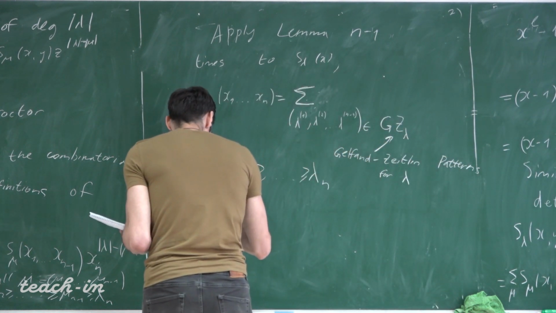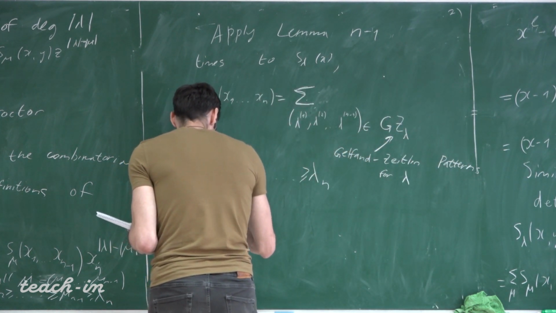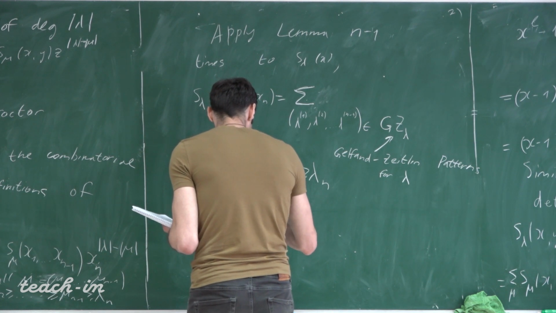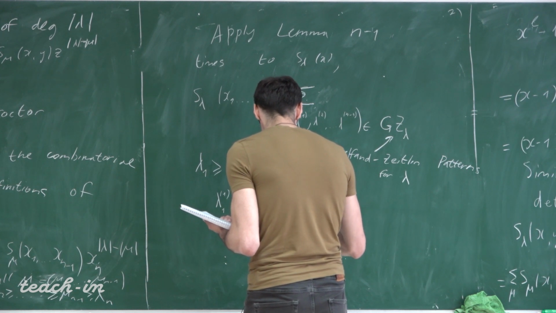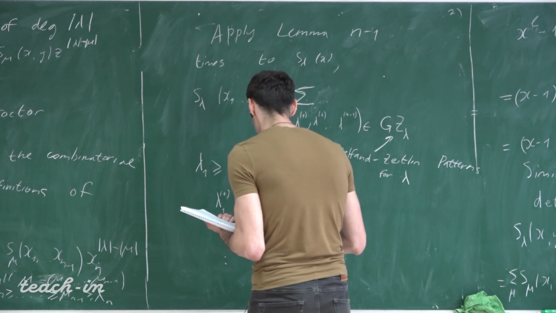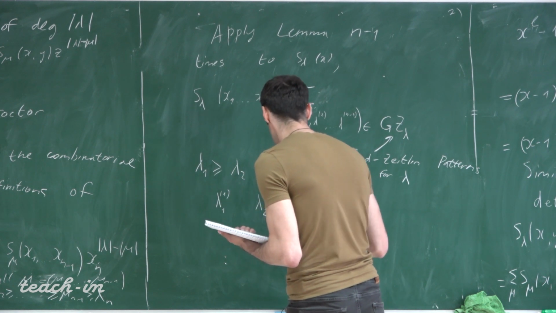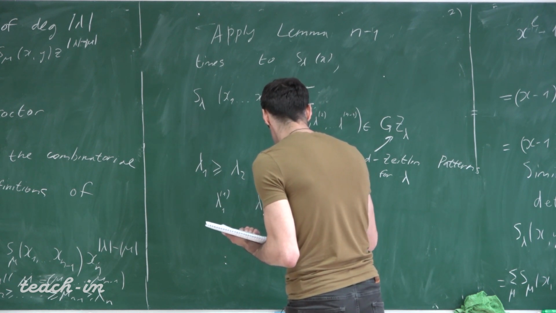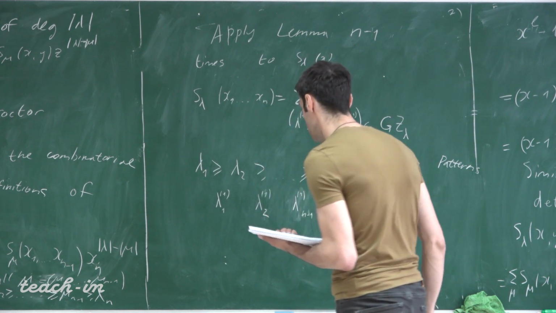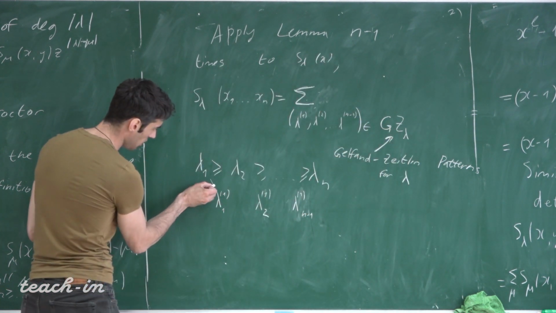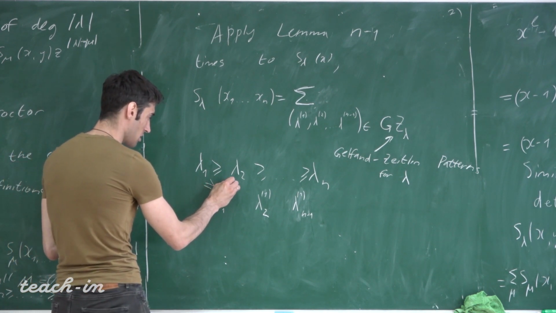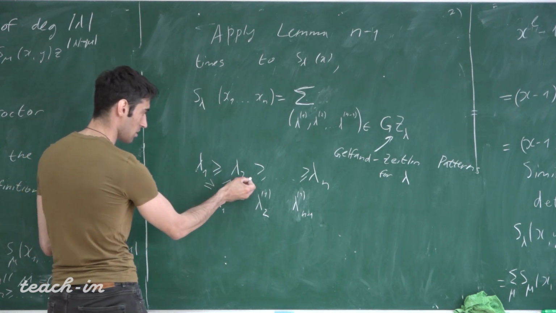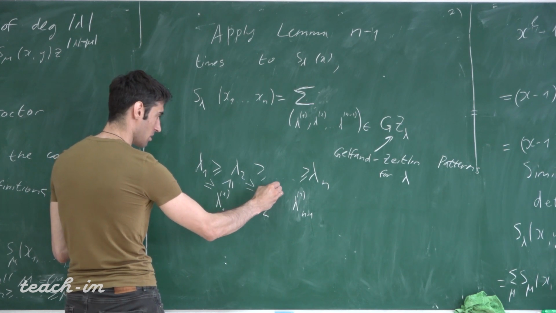So you have lambda 1, 1, and the last one is lambda n minus 1. For the first part, it's greater or equal than this one, but less or equal than this one, but greater or equal than this one. So you continue like that.